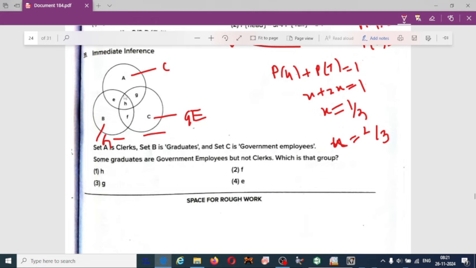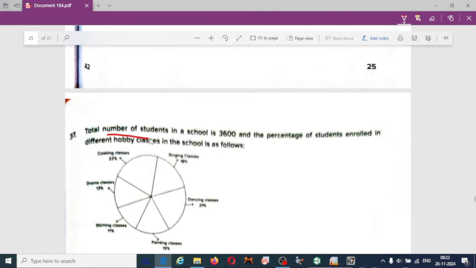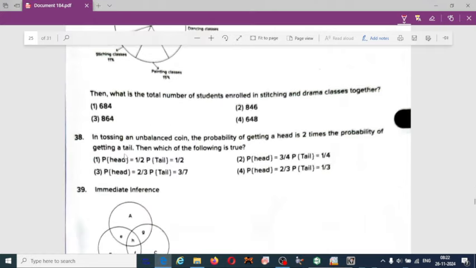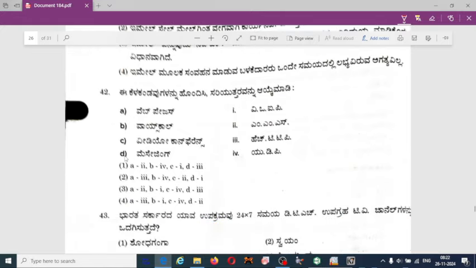H belongs to all, that is clerk, graduates and government employees. Here we are only considering graduates and government employees. So F belongs to both graduates and government employees. So from the given options, option 2 is correct, F. The total number of students in school I have already solved. Next question.